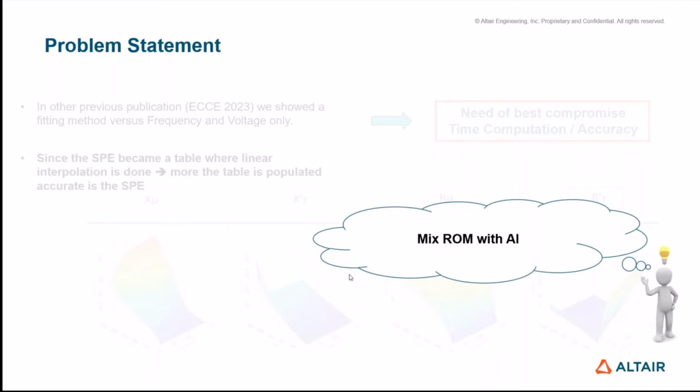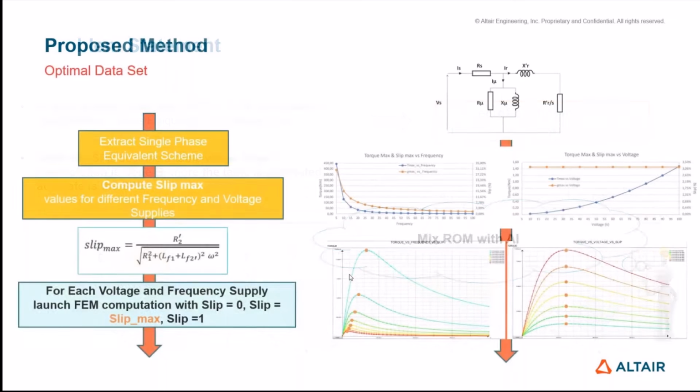We can understand that this also depends on some data, as explained by my colleague Spiros, and the expense of this model belongs to the data, and we want to use data, but not a lot of data. So the first thing we have to do is to determine the classical equivalent scheme through two tests, a no-load test and a short circuit test.